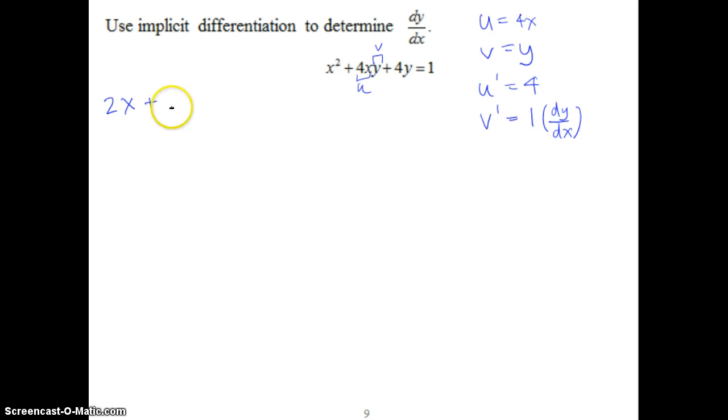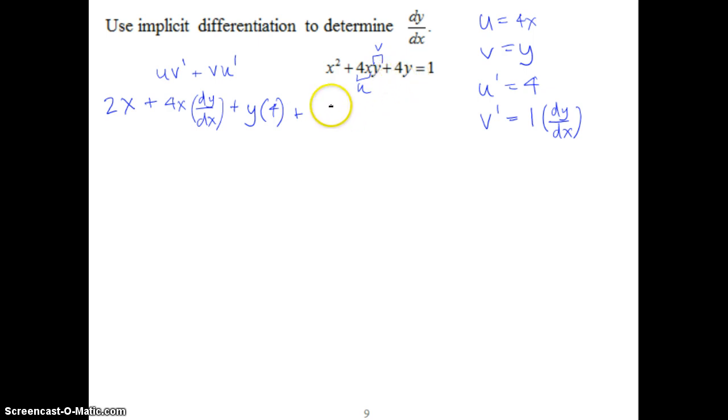If we use our uv formula, we'd say u v prime plus v u prime. This is going to be u, which is 4x, times v prime, which is dy dx, plus v, which is y, times u prime, which is 4. Then plus, now we're going to do 4y here.